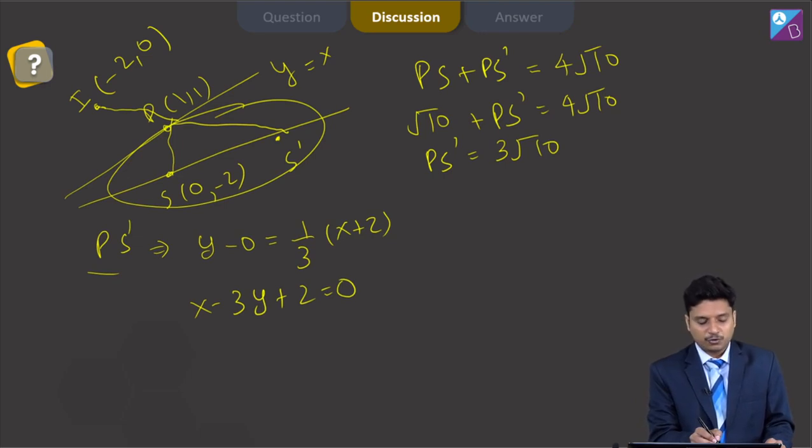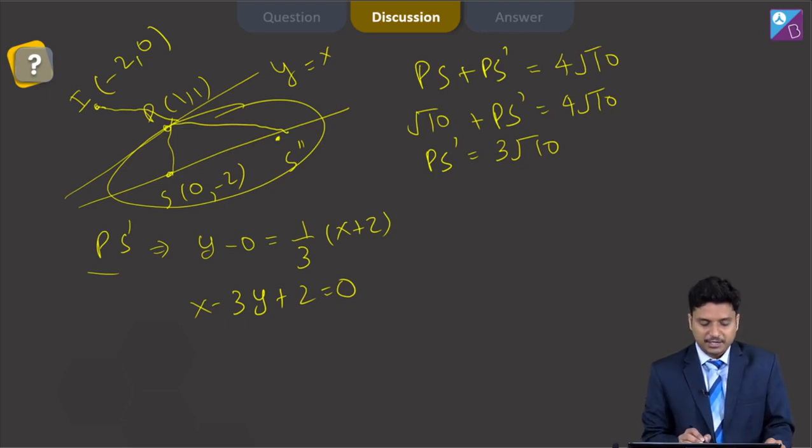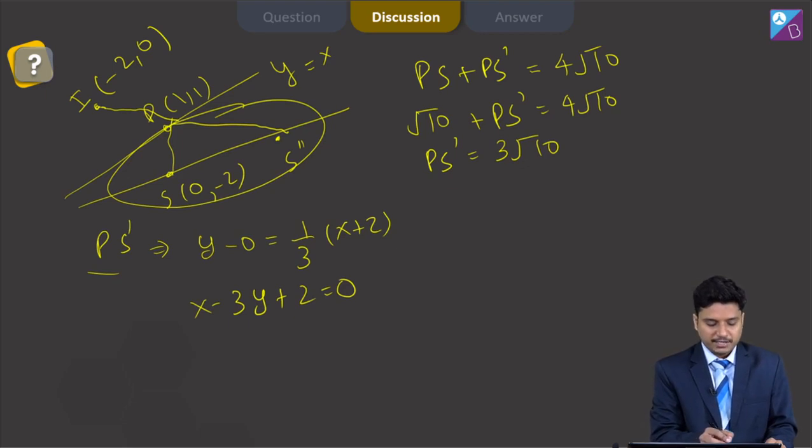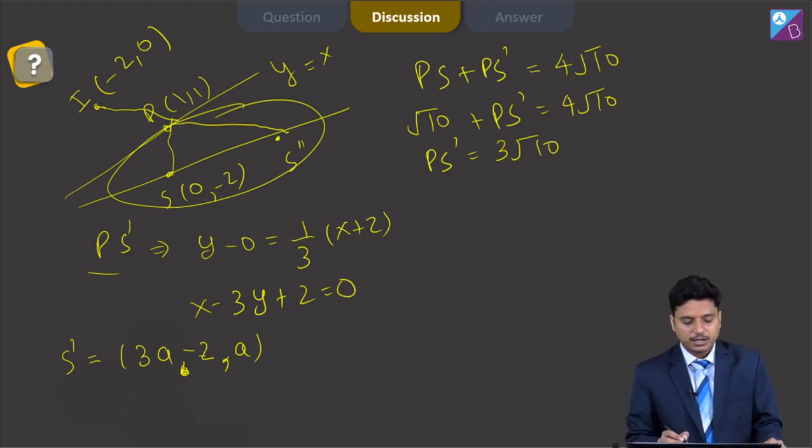As now we know this PS dash equation, we can also assume S dash in terms of some parameter. As we put y equal to a, x will be equal to 3a minus 2. So the coordinate for this S dash in fact will be considered as (3a minus 2, a). Now this is, suppose, the coordinate for S dash.